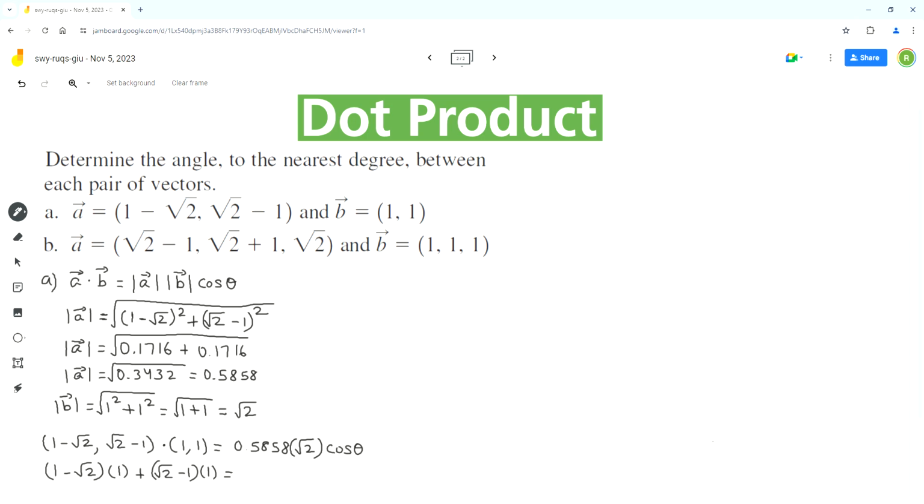On the right side, we can multiply 0.5858 by square root of 2. Now we can simplify the left side. 1 minus square root of 2 times 1 is just 1 minus square root of 2. And in the next term, square root of 2 minus 1 times 1 is just square root of 2 minus 1.